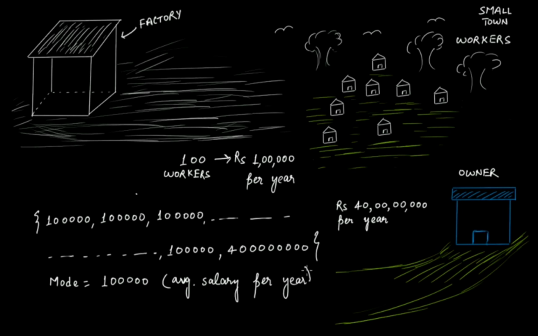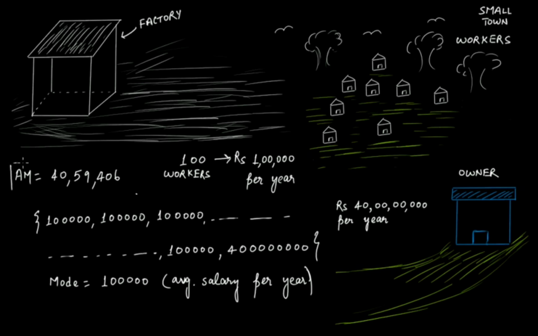And you can clearly see how it's telling us the average salary, the per year salary, for this small town where 100 workers are earning just 1 lakh per year. So when you calculated the arithmetic mean, it gave you the value 40 lakh 59,406.